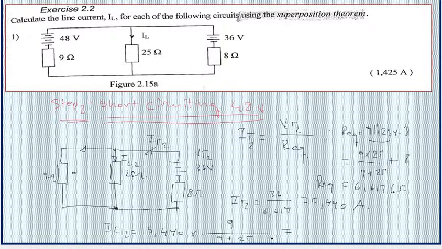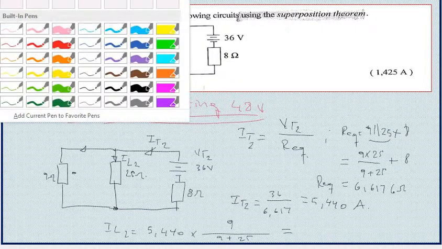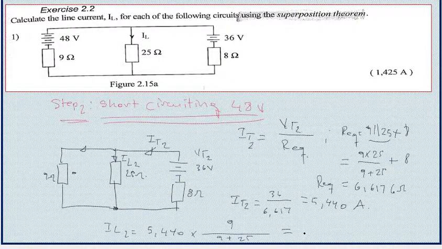So if we work this out, we get 1.44 amp. That is the load current in this resistor when this voltage source here is short circuited. Then the last step will be to add the two currents.